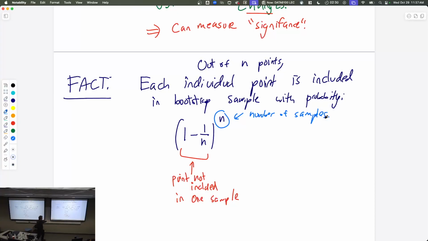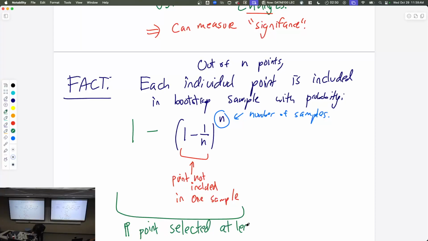So altogether, this is the probability of not being selected in one sample, to the power n, not being selected in all the samples. This whole thing is the probability to not be selected at all. And so 1 minus this is the probability to be selected somewhere: the probability the point is selected at least once. And that is 1 minus the probability it's never selected, which is that little power.